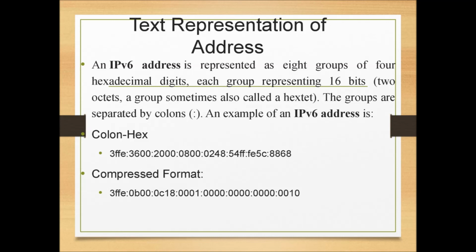An example of an IPv6 address is shown in colon hex and complex format. In both formats, you can see different portions, these portions are two-octet portions, and these are separated by colons. So in this way, we have completed our IPv4 and IPv6 header topic.